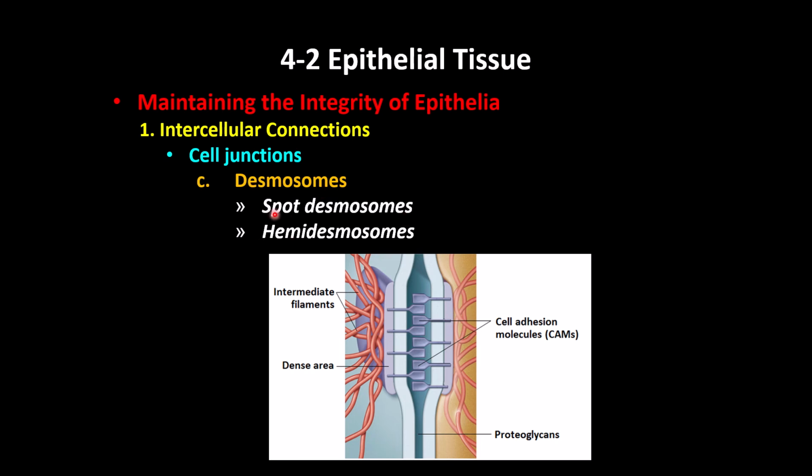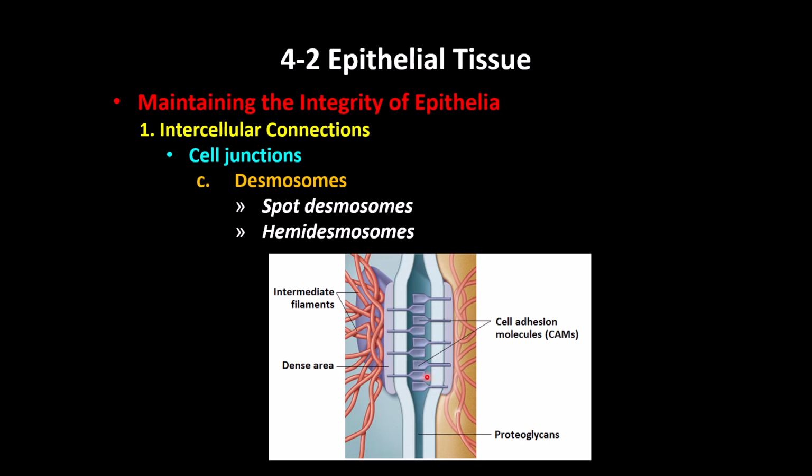The spot desmosome means that the two cell walls are connected side by side, or the two cell walls are connected on top of each other. I'm talking about the epithelial cells. So for example, you can see in this image, this is one cell wall, this is another cell wall here, and they are connected with each other by these cell adhesion molecules.